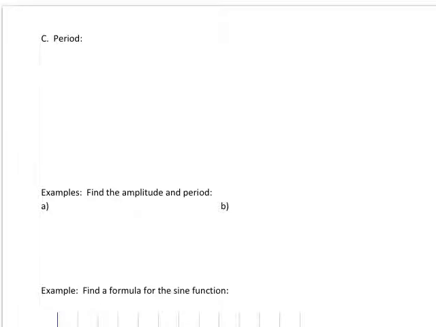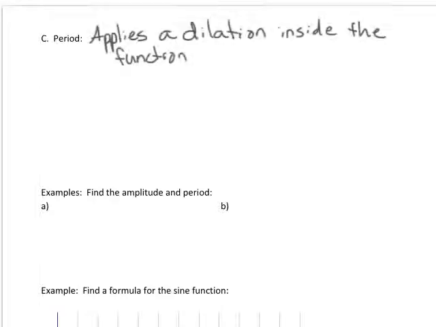The third thing we're going to talk about is the period length of the function, because these are periodic functions. They repeat after so many radians or degrees. So we're going to define that. The period is essentially applying a dilation inside the function, as opposed to our vertical stretch and shrink. We just talk about it in different terms when we talk about sinusoidal functions.